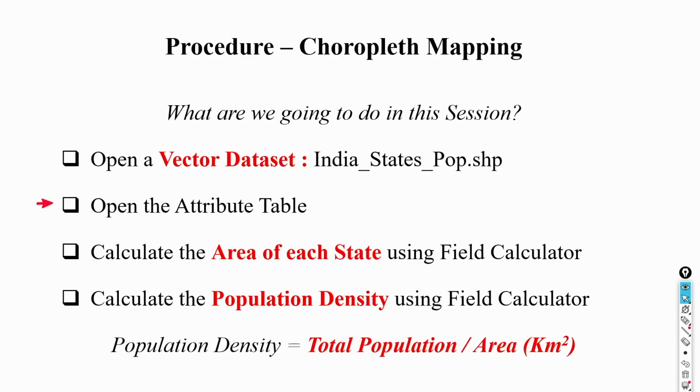And after doing that, we are going to open the attribute table, and after opening that, we are going to do two things. One is we are going to calculate the area of every feature, which is basically the area of every state, and then we are going to calculate the population density, which is basically your total population divided by your total area of each state.